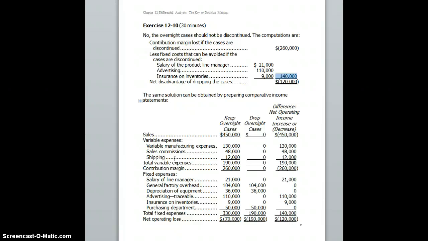Basically they just redid what we just talked about, just took a longer explanation to get there. In our earlier discussion, we just looked at what would be different. Certainly either way is correct in solving the problem. This does it for our discussion of exercise 12-10.